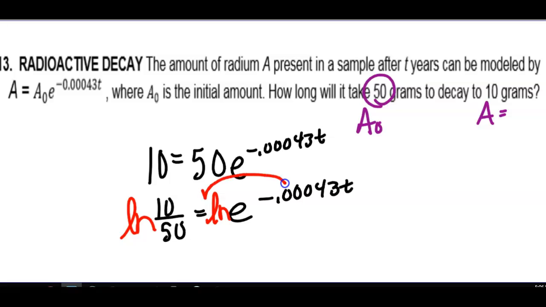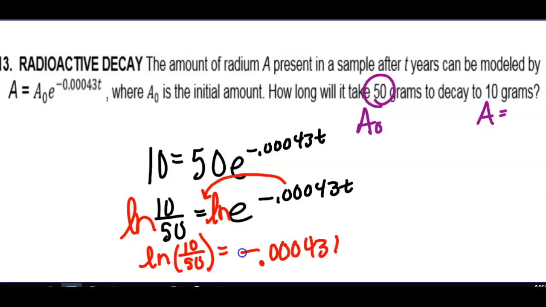And then we're going to bring this out in front. So I haven't touched my calculator, so I'm just leaving this 10 over 50, which I know is 0.2, but if I bring this out in front, I have negative 0.00043 t times ln of e, which is 1.